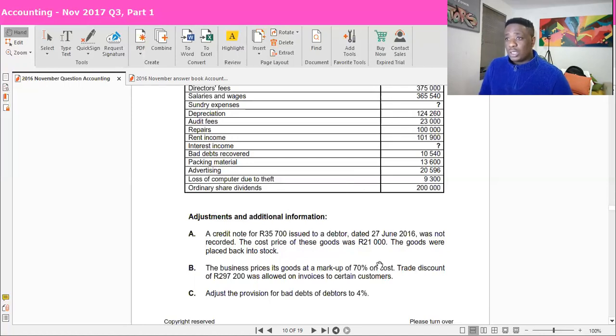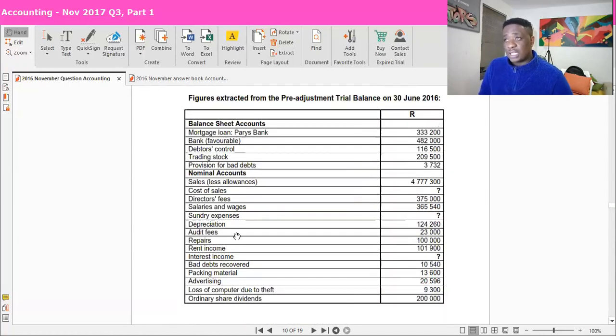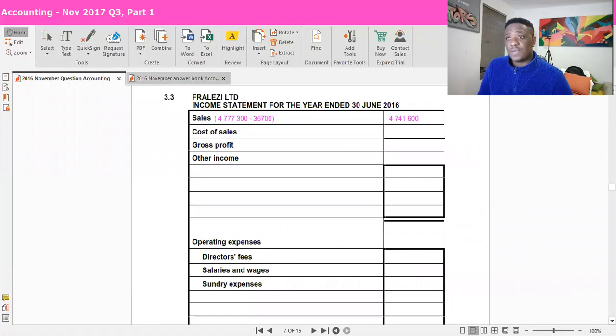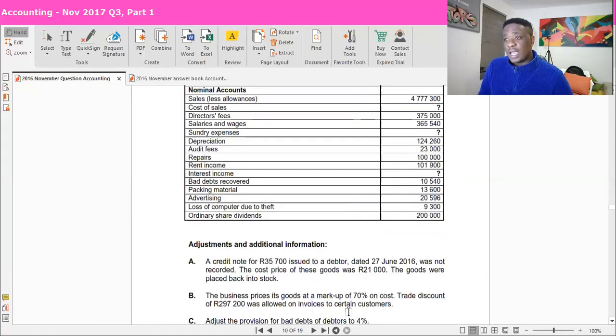So what we need to do in this case is take the sales figure first, which is 4,741,600, and then add the 297,200, and assume that had there been no discounts, the sales amount would be this much. Then we take that sales amount and divide it by 1.7 in order to get our cost. 1.7 being 100% plus 70%, which gives us 170%, and 170% is the same as 1.7.